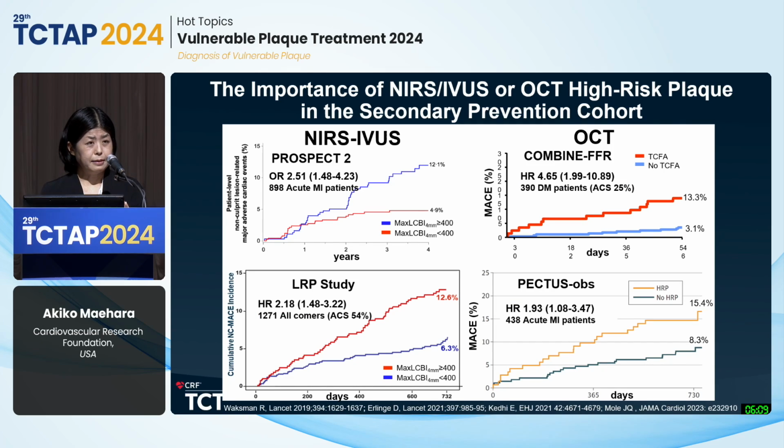There are many prospective multi-center studies showing the association between the so-called vulnerable plaque and future events. Using near-infrared spectroscopy, in PROSPECT 2 and the LRP study, patients who had lipid-rich plaque had almost 2-3 times more events compared to those without. By OCT, combined FFR, or the PECTUS observational study, they show quite consistent data. If the patient has TCFA, they have more events compared to those without.